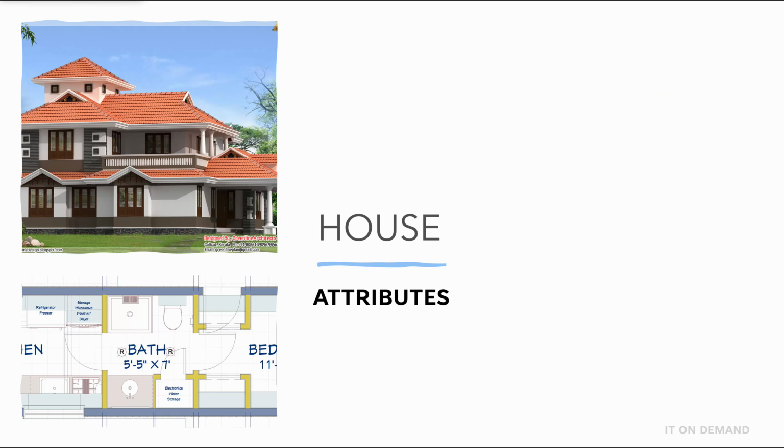I'll do the same thing with this house example, where we talked about the blueprint, which is this one. By blueprint, we mean the architectural design of the house. But we cannot possibly live in a design. We can live in an actual house, right? So this here is what is synonymous to classes.